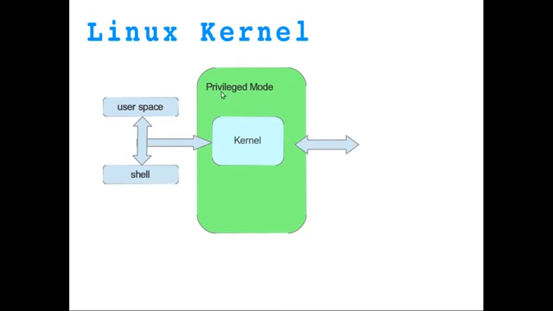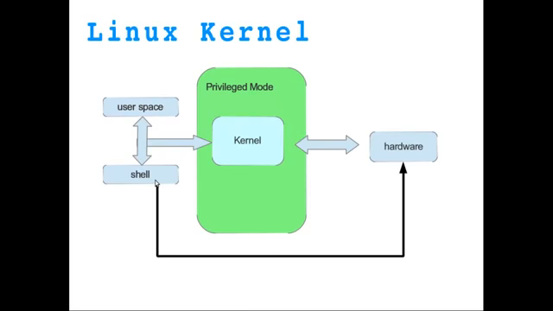And of course, from this privileged mode, the kernel talks to the hardware and satisfies the requests of the user or shell applications. But what you cannot do is, from the user space, directly talk to the hardware. That is a no-no. A way to get around that, like I explained earlier, is for the user to talk to the kernel by making a request, and those requests are called system calls.